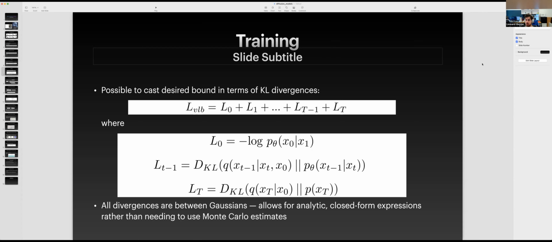The derivation of this is kind of messy, so I'm not going to go into it here. If interested, it's in the diffusion model paper. But the key takeaway here is that all these divergences are between Gaussians. So this allows for analytic closed form expressions for this loss function rather than needing to use Monte Carlo estimates.